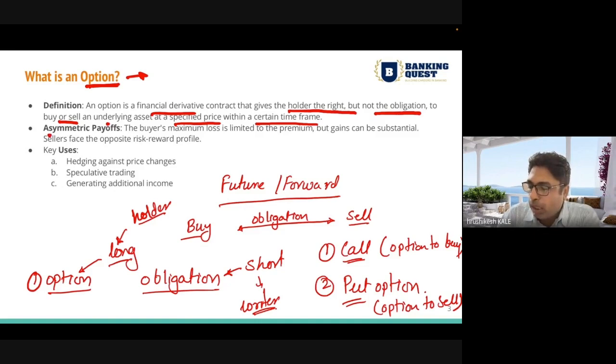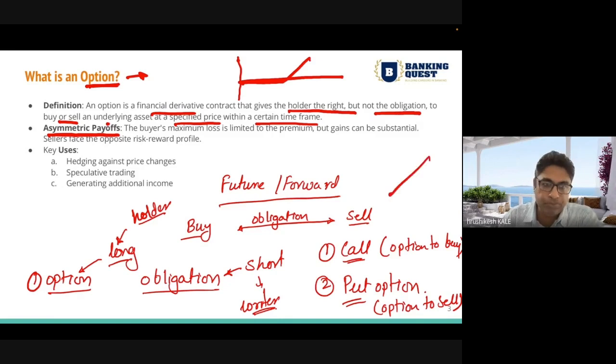Options have an asymmetric payoff. We have even seen the payoff diagram, and these are not symmetric, but asymmetric. So your losses can be minimal and your profits can be unlimited.